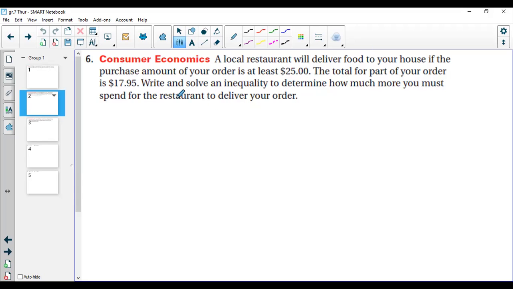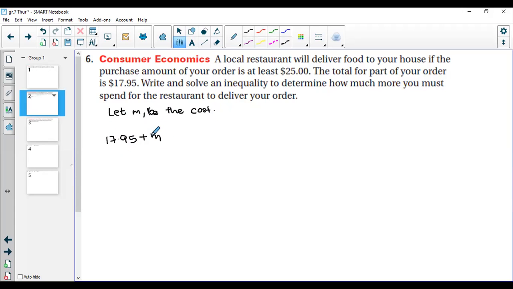Now the question says how much more must you spend? So it's talking about money. So let's keep it as M. Let M be the more money you need to pay, or the extra cost. So this is going to be 17.95, which you already ordered, plus you have to order some more.